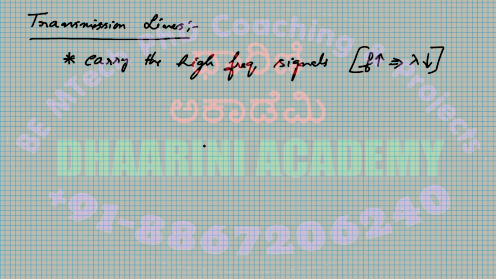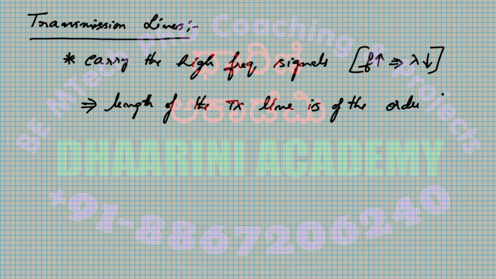Whatever we study here has one fundamental characteristic: the length of the transmission line is of the order of the lambda, or the wavelength of the signal that you are going to use for transmission.